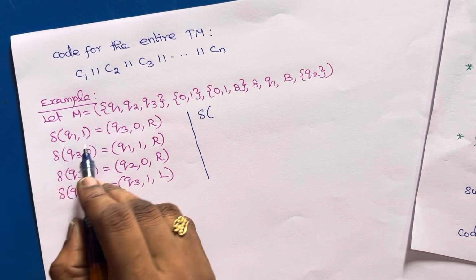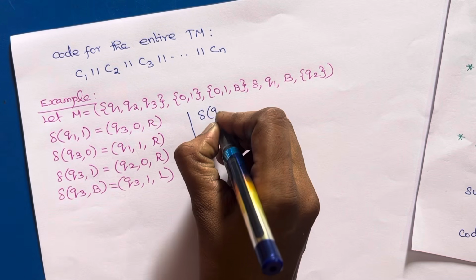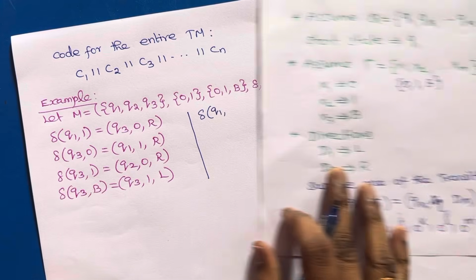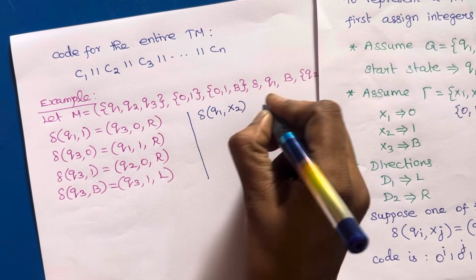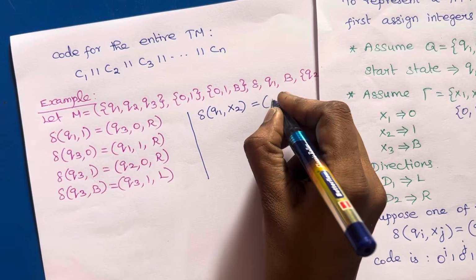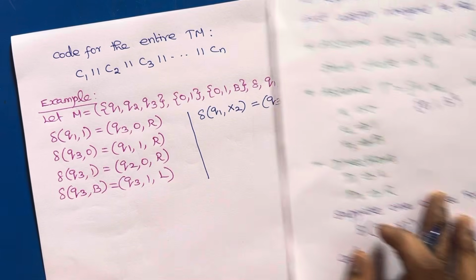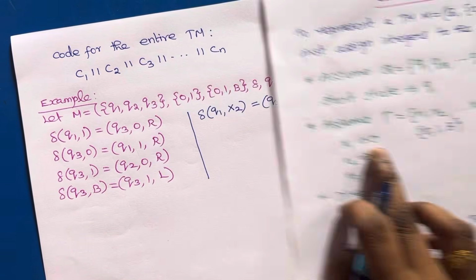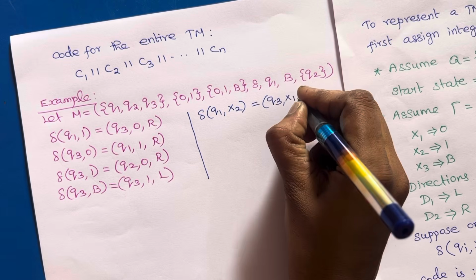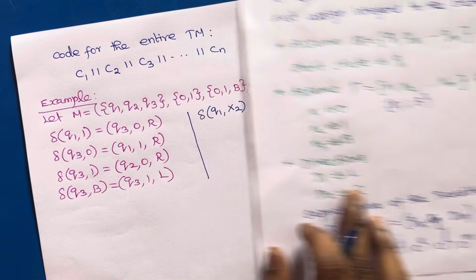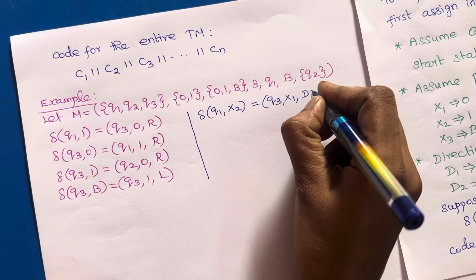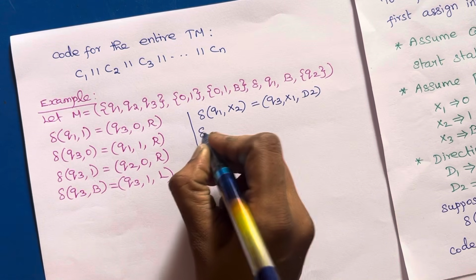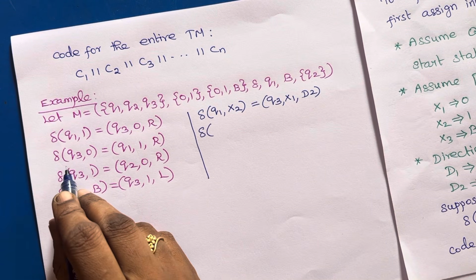We can directly use the states. So del of Q1, 1. 1 means x2, so x2 equals Q3, then 0. 0 means x1. Tape symbol 0 represents x1. Then the move is right move. Right move means we have to use D2. So D2.